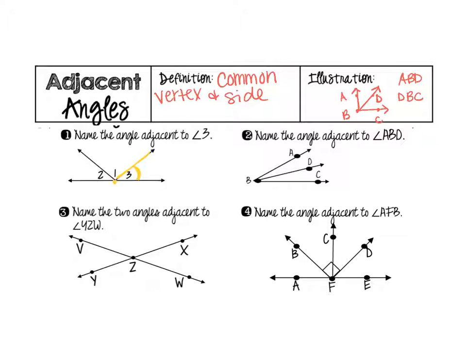So that's going to be angle 1. In number 2, I'm looking at angle ABD, and I need to find something that has a common side, which would be this right here. So I'd be looking at angle DBC.